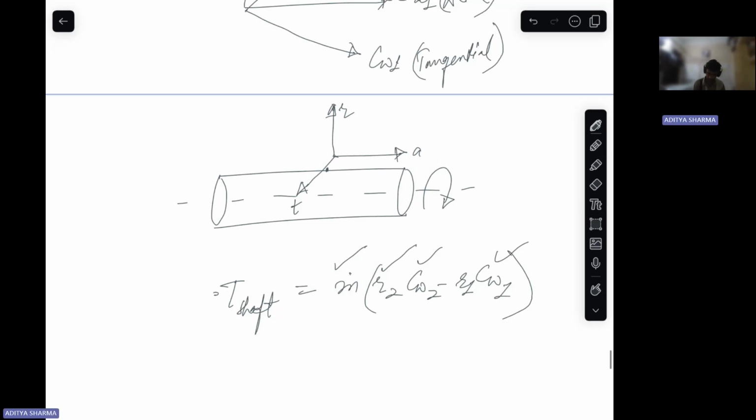So this is related to your fluid velocity, okay? And this component is radial. So please note, here we are taking two components only, right? As if there is no movement in the axial direction. So radial and your tangential.